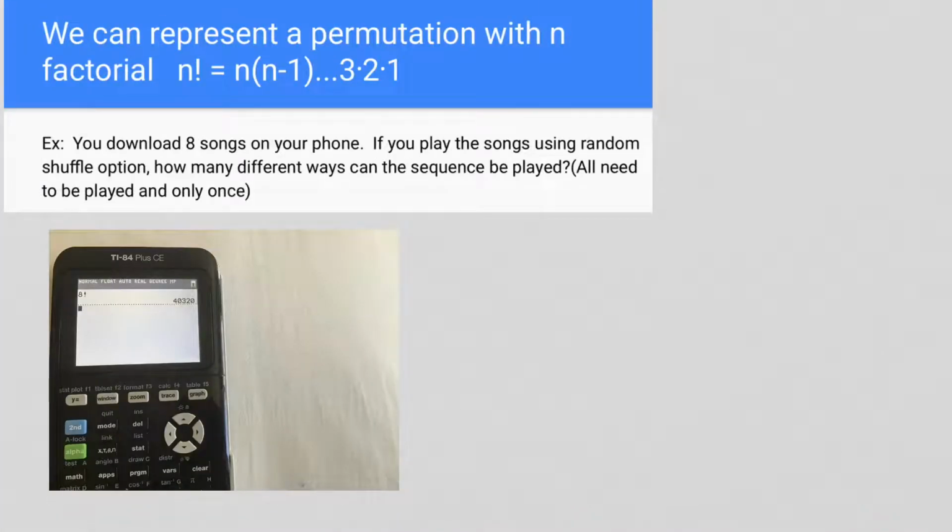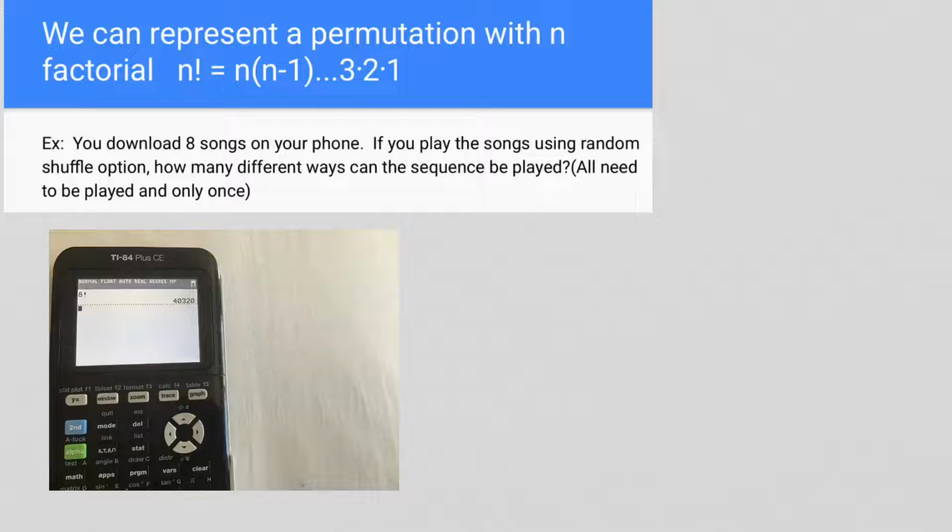Okay, here's a second question. You can download 8 songs on your phone. If you play the songs using random shuffle option, how many different ways can the sequence be played? All need to be played and only once. And because they have that in the parentheses, that means order does matter here. And how many ways can I download 8 songs?